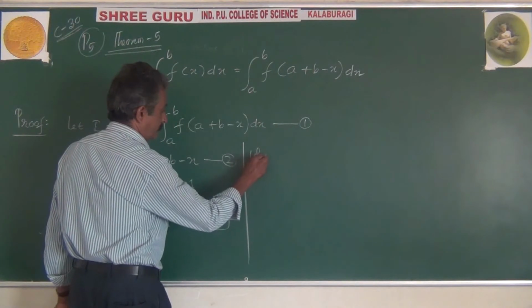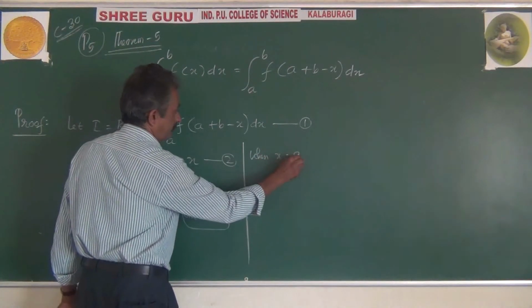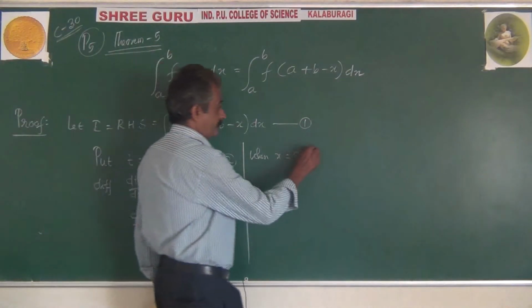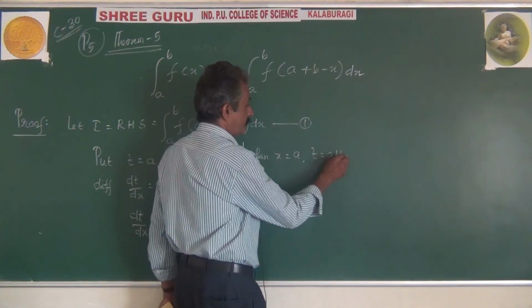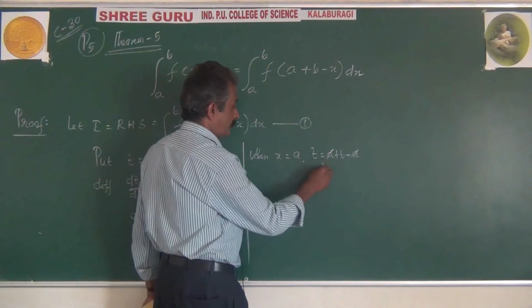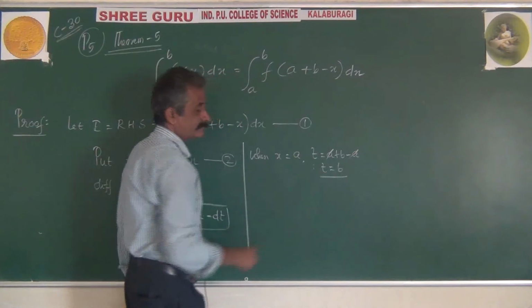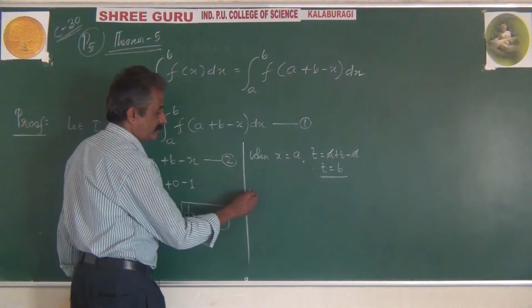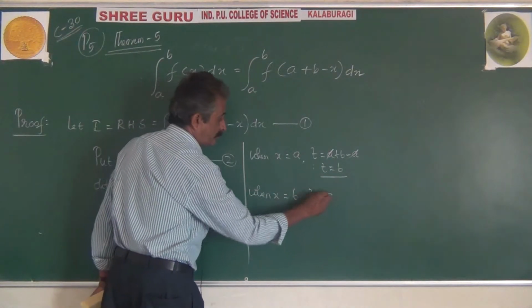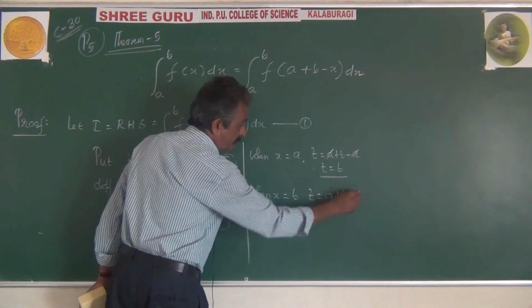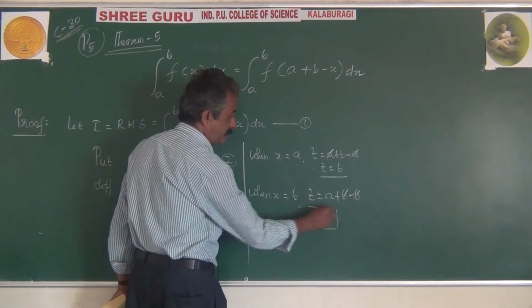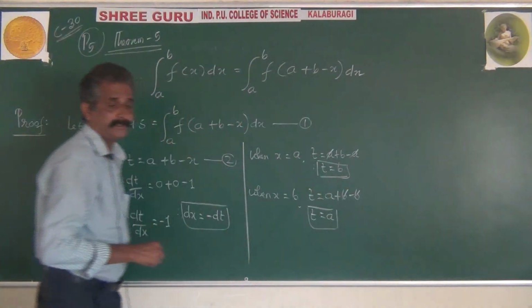When x equals a, that is lower limit of x is a, t equals a plus b minus a, a cancels out, therefore t equals b. When x equals b, t equals a plus b minus b, b cancels out, t equals a. When x is a, t is b. When x is b, t is a.